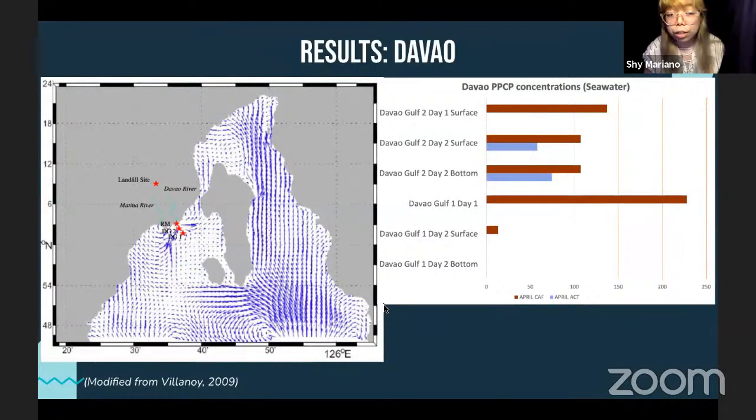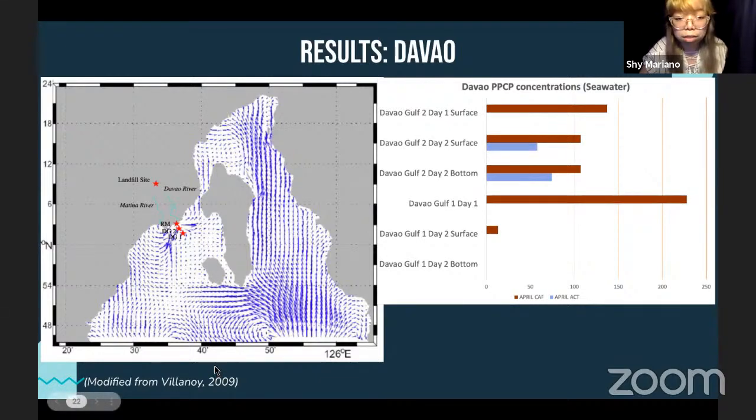There is also another consideration: in the Davao area, the coast is also lined with other structures. It has residential areas, and the longshore current in this area entrains the discharge from the coast and circulates it back to the outlet of the river.